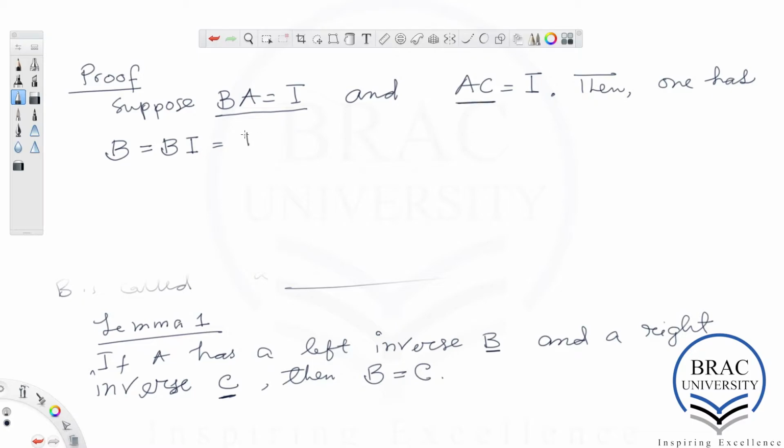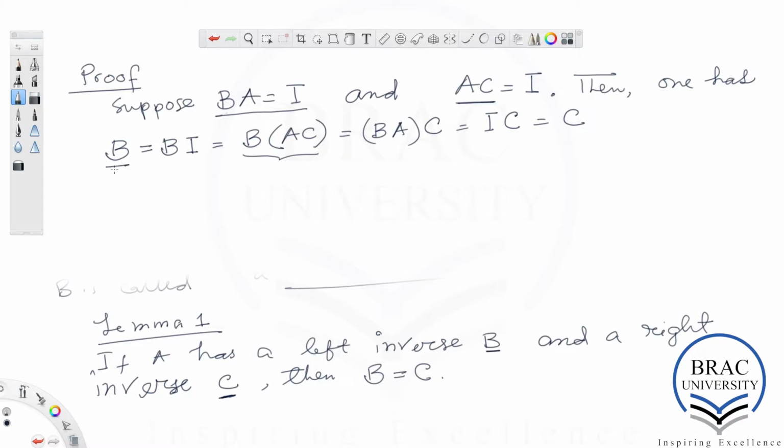So this is B times AC, and then by the associativity of matrix multiplication that we proved in our theorem 1 in the previous segment, this is equal to BA times C. And we know that B is the left inverse of A, so that B times A is equal to I, and hence this is equal to I times C, which is equal to C.